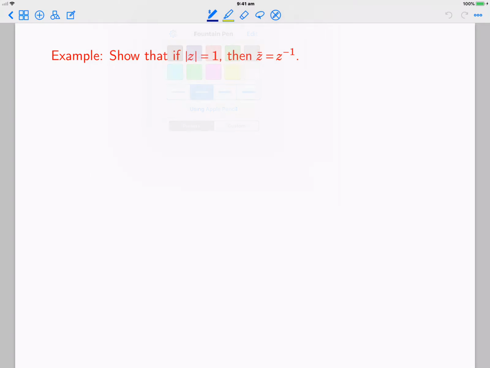So let's have a look and see how we do it. We know any complex number can be written in polar form, r(cos theta plus i sine theta). And remember, this r was the modulus.